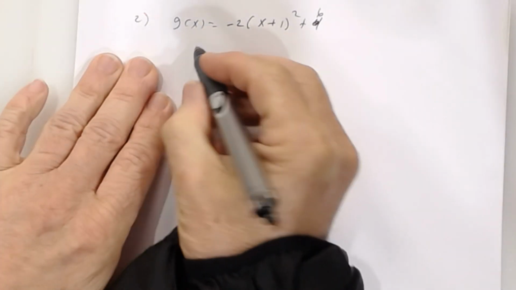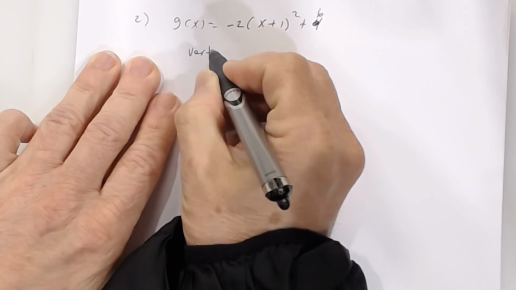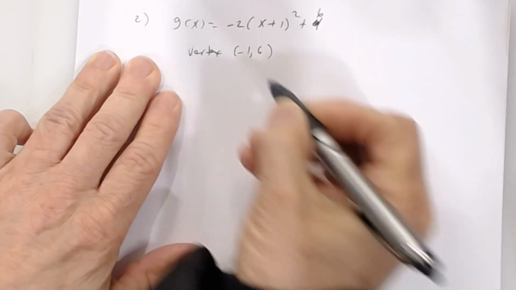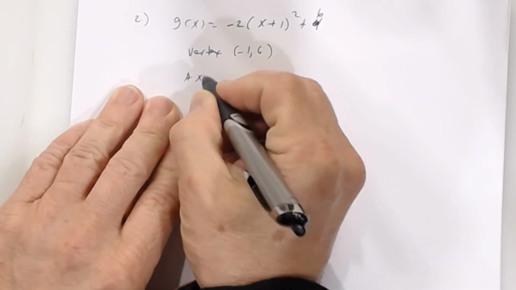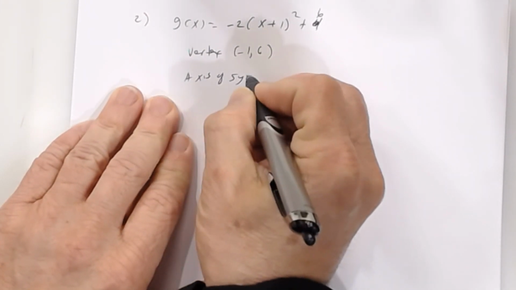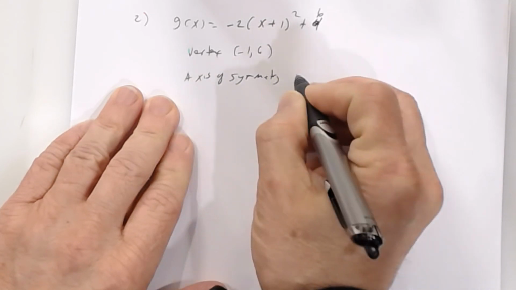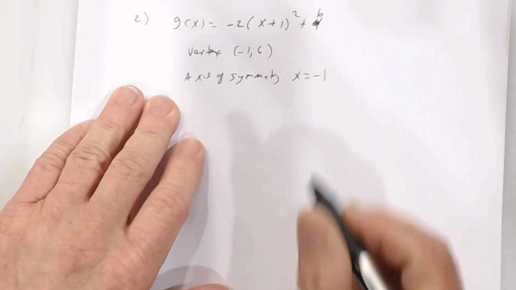Okay. What is the vertex? Negative 1, 6. Y'all agree? Okay. Once you find your vertex, the next question will be the axis of symmetry. Y'all agree?